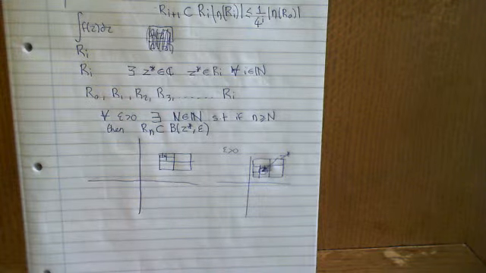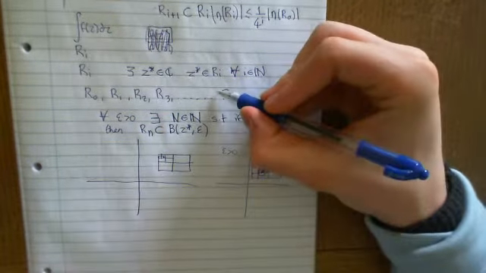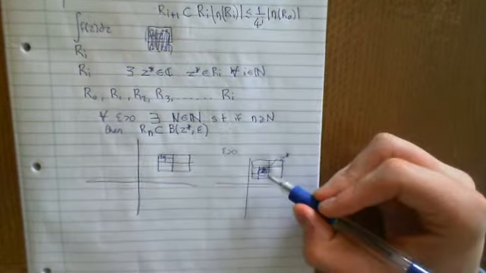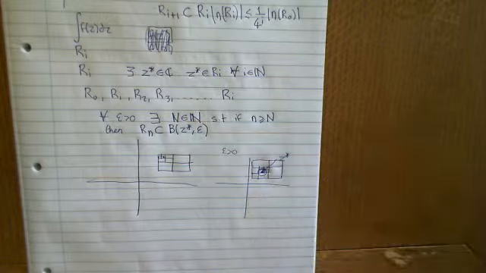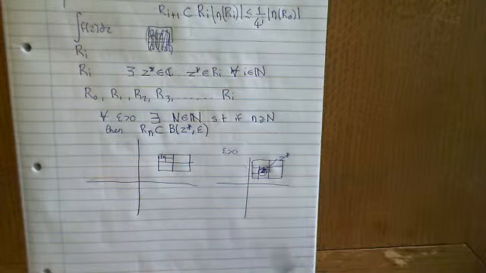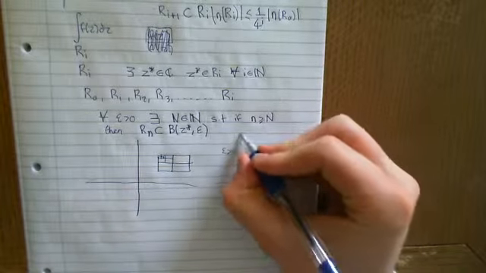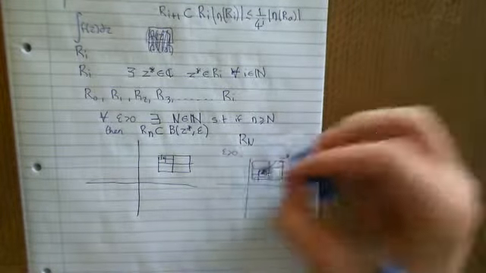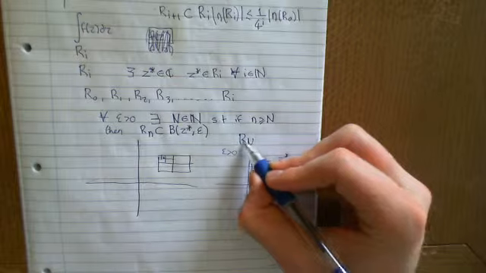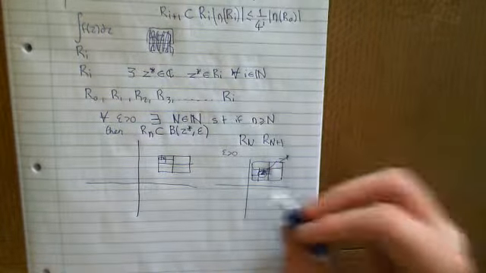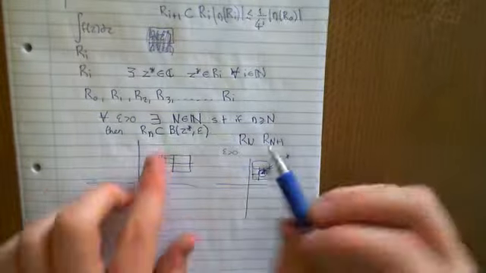So that's what it means: there is a rectangle in this sequence that is contained entirely within that ball, and not only that, but all the rectangles after that specific point, after this R big N, are contained within that ball.